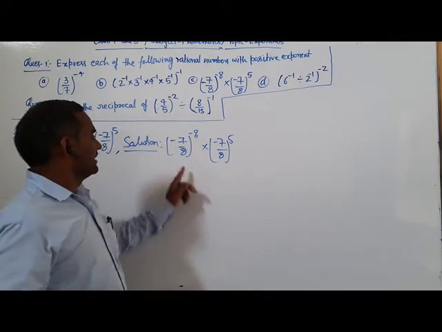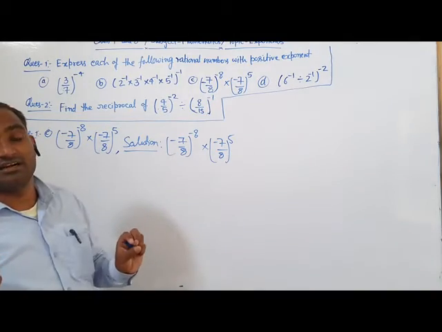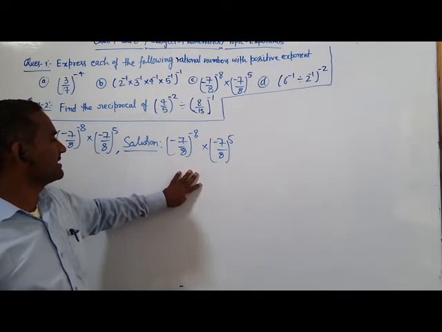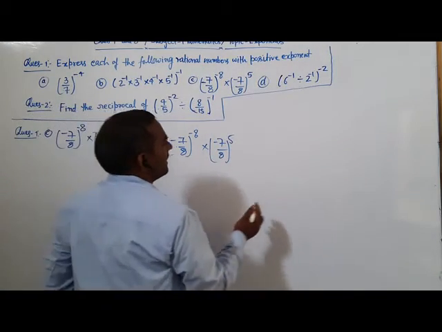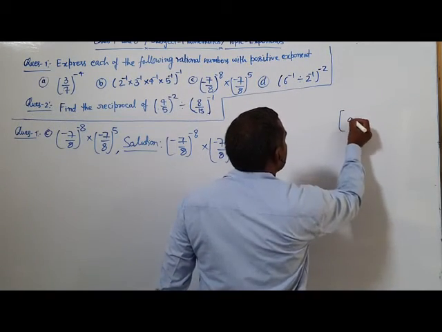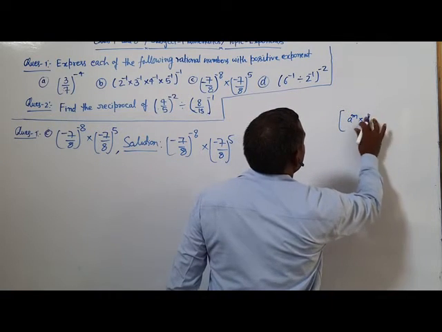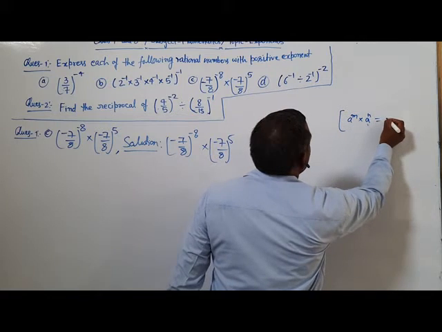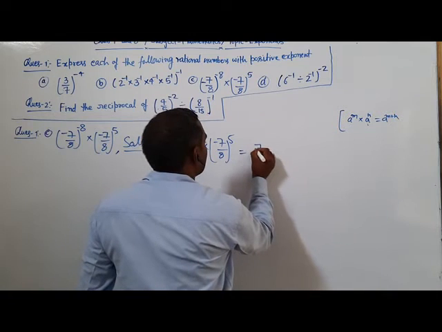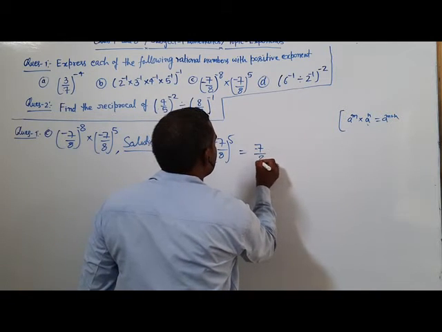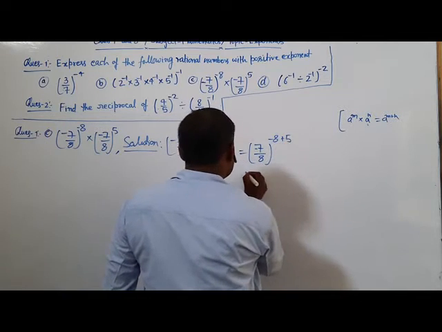Now here in both rational numbers the base is the same. When the bases are the same, in multiplication the powers are added, like the law a^m × a^n is equal to a^(m+n). Then (-7/8)^(-8+5).